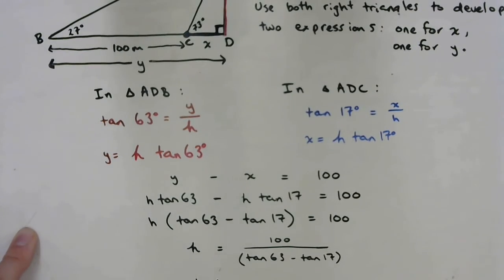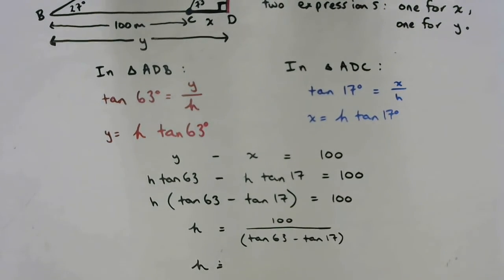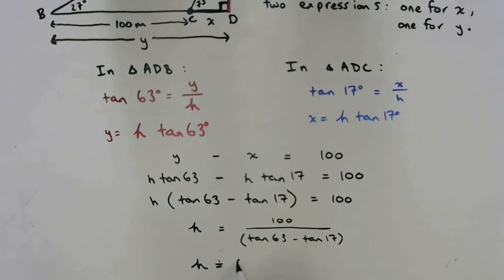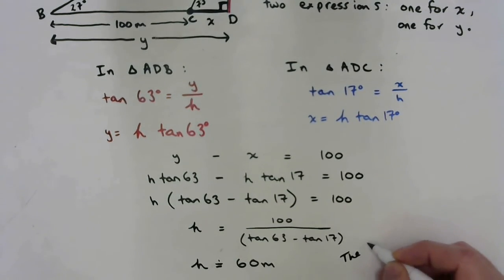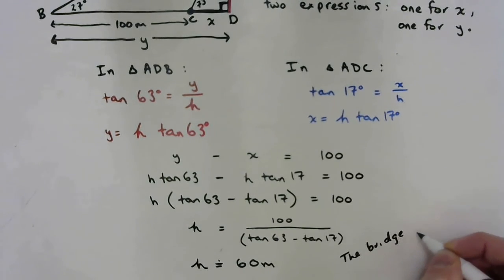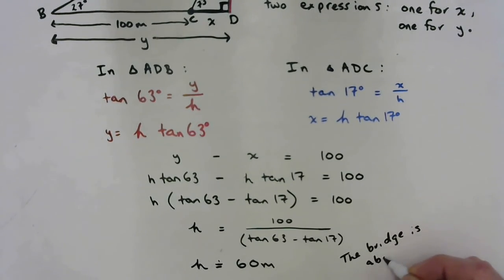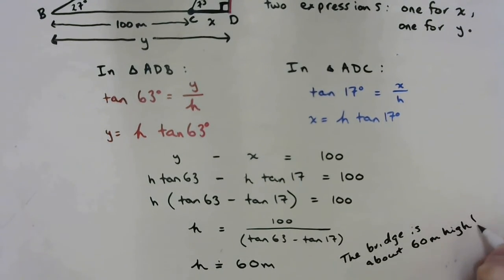Which gives me the approximate height of the bridge. Try it in your calculator. Nice. The bridge is about 60 meters tall, 60 meters high.